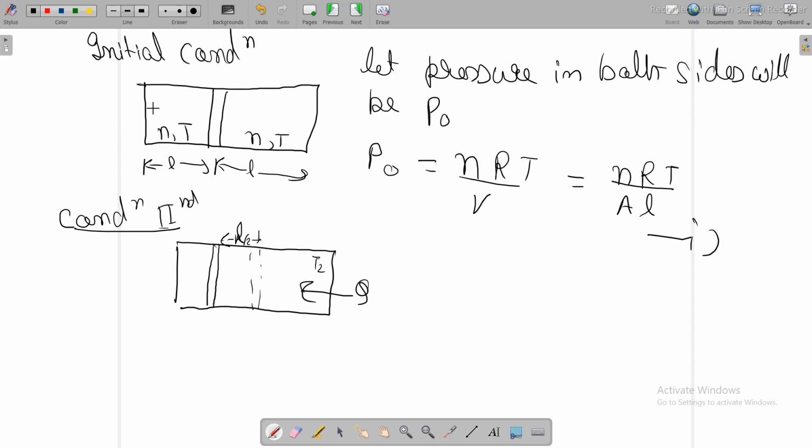There are also two springs of constant K.